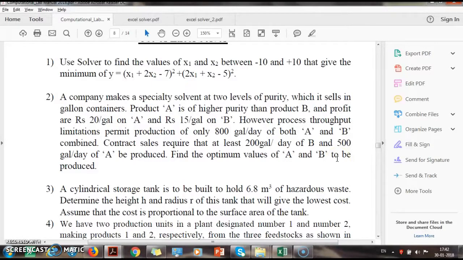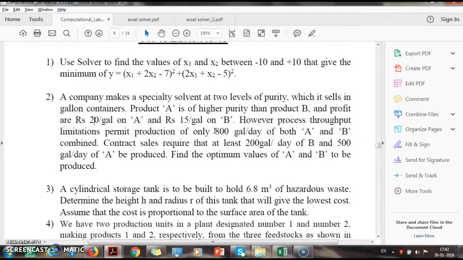But while doing so, what we have to take care of is there are two constraints, in fact three constraints. One constraint is that combinedly both A and B can be produced no more than 800 gallon per day, so that's a limitation as far as the capacity of the plant is concerned.